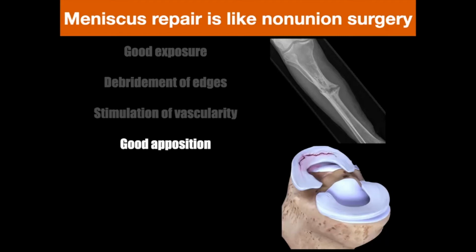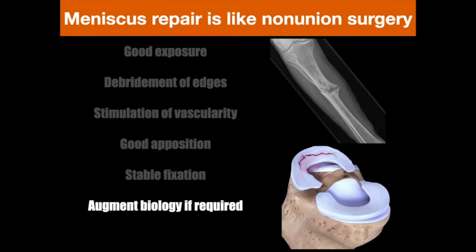Then we should have good apposition of the ends of the meniscus tear, just like in fracture non-union surgery, and we should have good stable fixation; in non-union surgery we use plates and nails, in meniscus surgery we use very strong, good quality sutures.